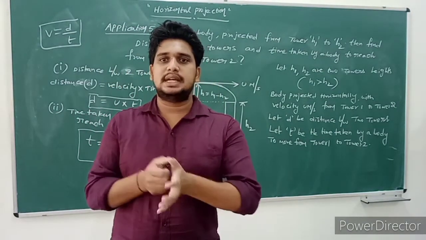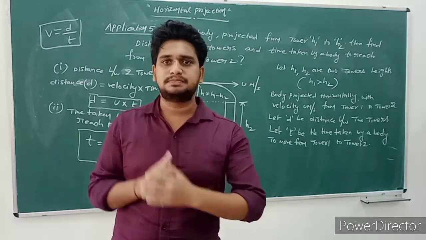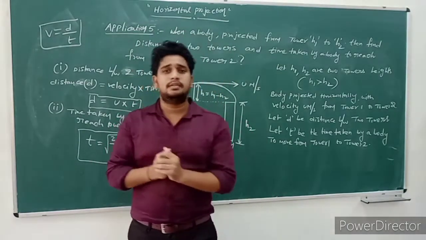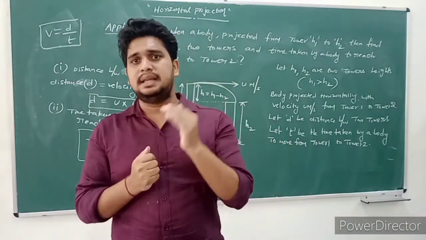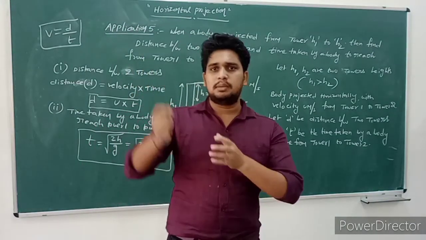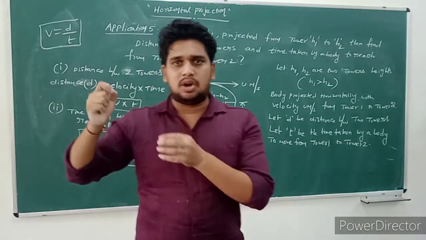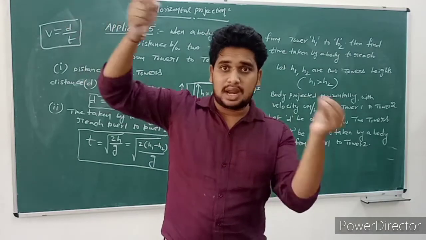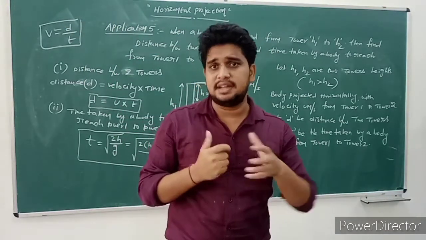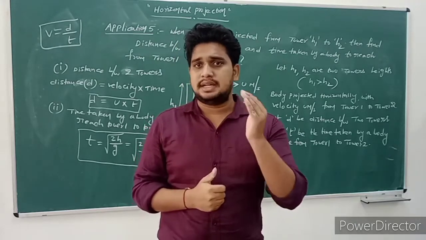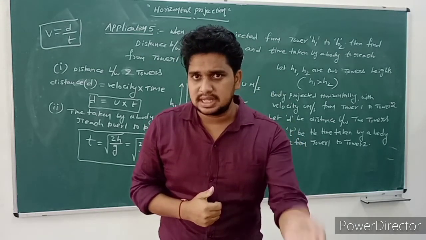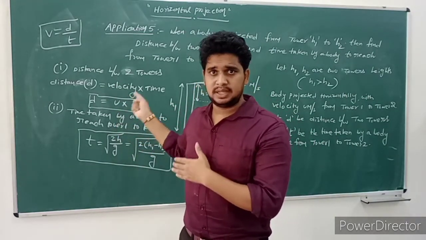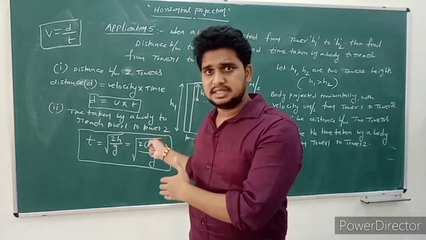Okay, so this is application number 5 in horizontal projection. Please observe carefully, friends. Whenever questions are given based upon horizontal projection, if one body is projected horizontally from tower 1 to tower 2, or from one cliff to another cliff, you must consider the time taken by the body to reach the second tower: square root of 2 into h1 minus h2 by g.